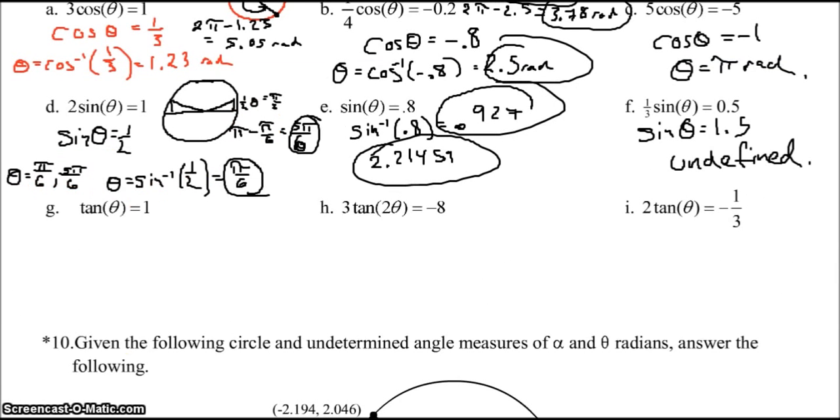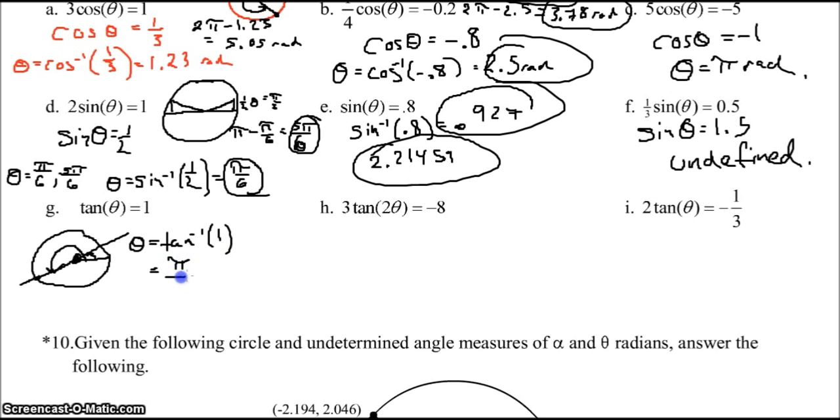Okay, if tangent of theta equals 1, that would mean the slope of the line of the terminal side would have to equal 1. That would happen at 2 places, right here for this angle, then if we went all the way back around to this one. The first one we can find just theta equals inverse tangent of 1.